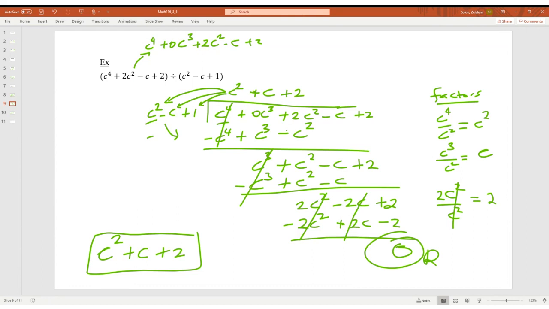We saw how to divide a polynomial by a binomial. Now this example shows you how to divide a polynomial by a trinomial. So it doesn't matter how many terms you have. All you have to do is figure out the factors, multiply by the divisor, switch the sign, and add the columns. Okay.